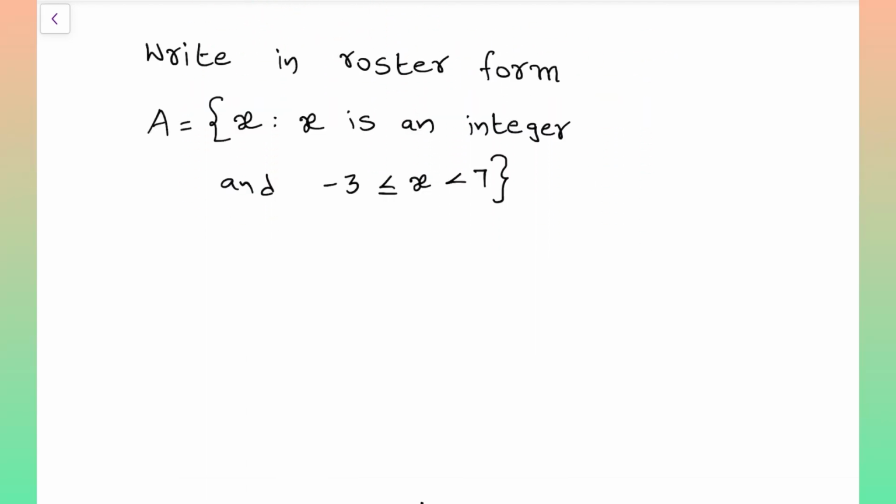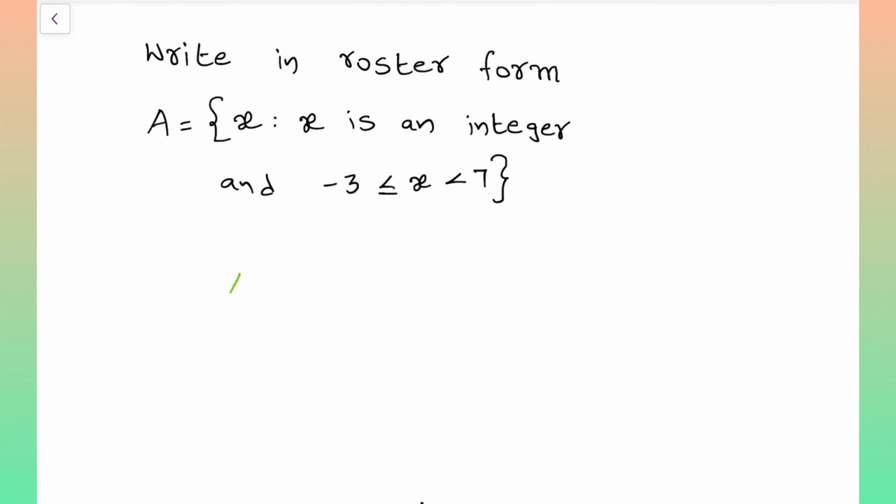Write in roster form: set A equals {x such that x is an integer and minus 3 less than or equal to x less than 7}. So here he is asking to write a given set in the roster form. Roster form is nothing but we need to write all the possible elements from the given set.